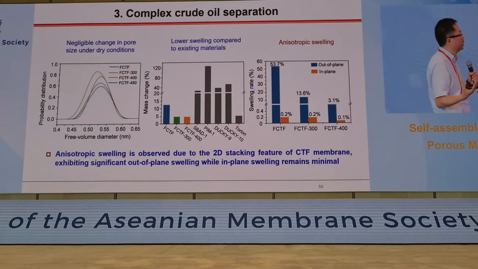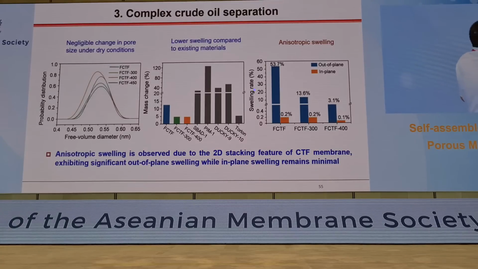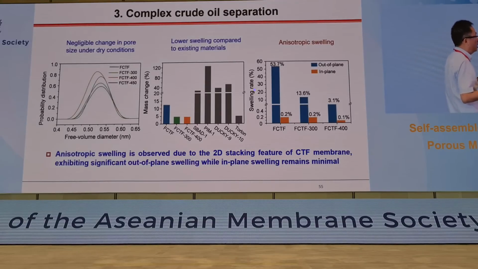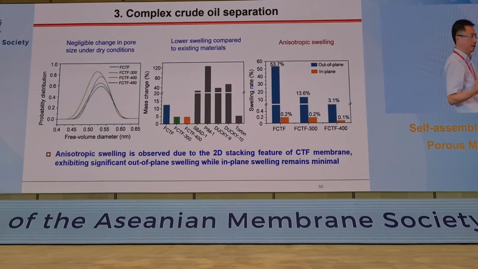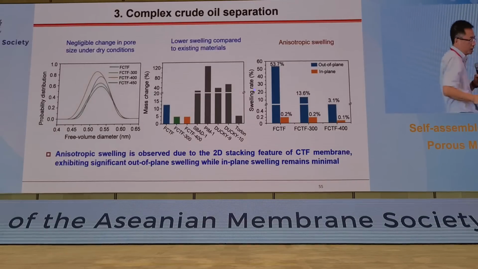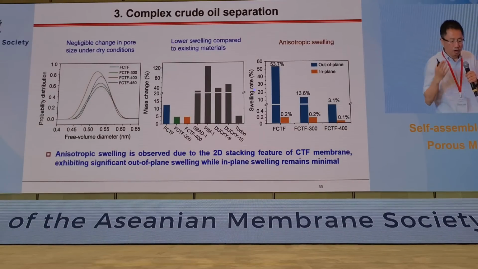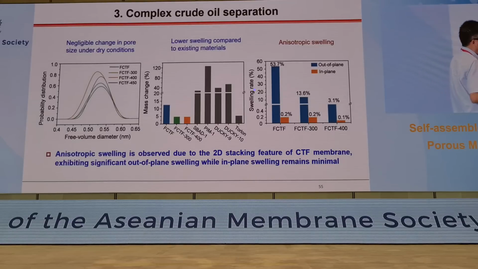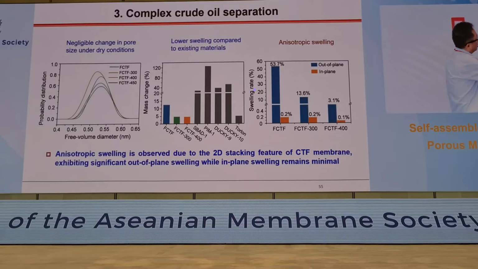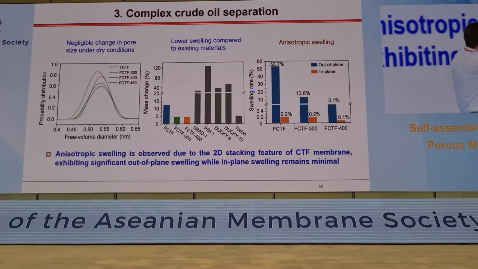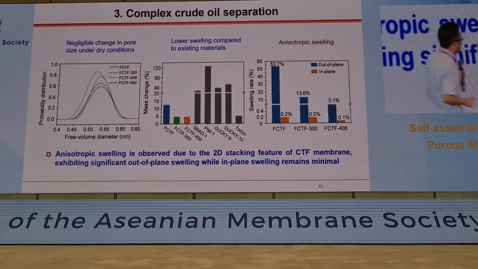Whatever the cross-link temperature, actually you found the pore size of this cross-linked membrane remains unchanged in the dry state, as shown in the left pictures. However, if you immerse this cross-linked membrane in organic solvent, you will find a lyotropic swelling behavior as the right figure shows.